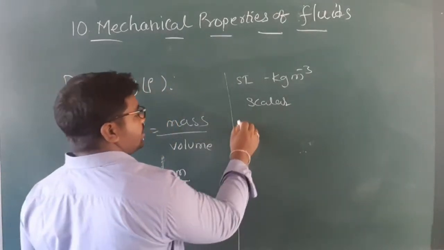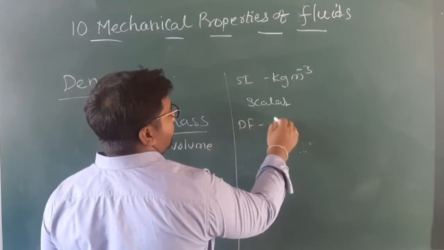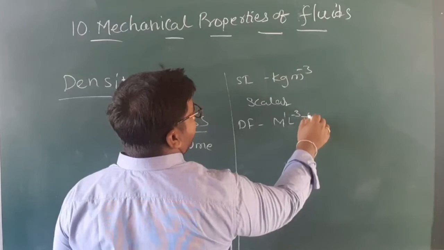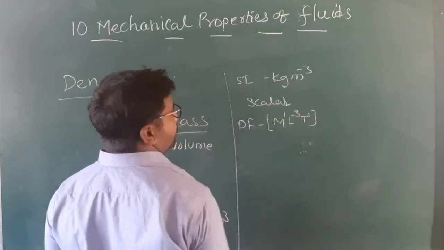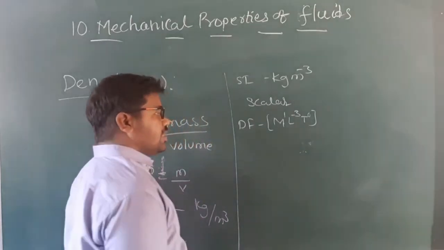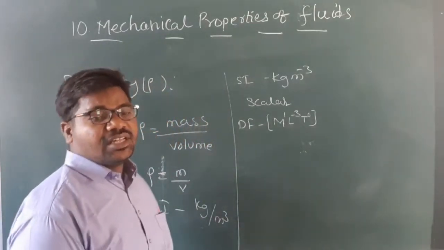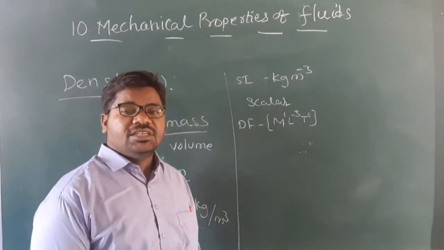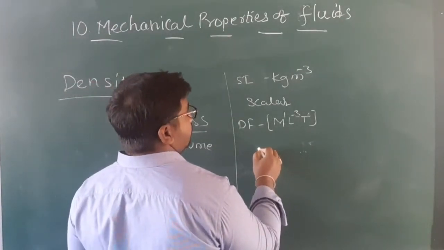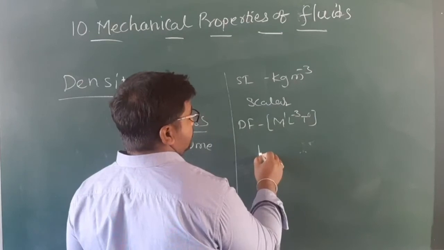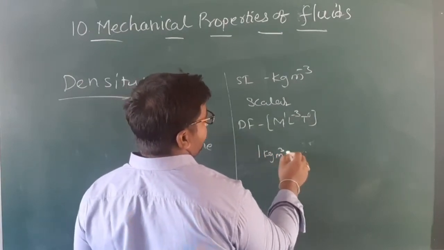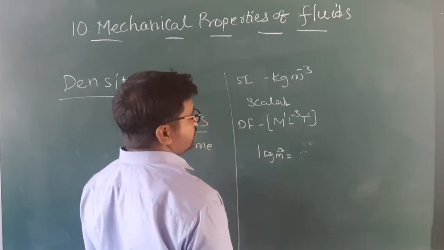See, its dimension formula is M power 1, L power minus 3, T power 0. Understand? Here is the conversion of density.